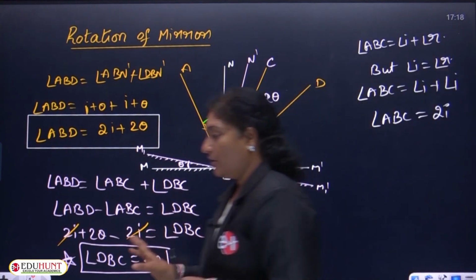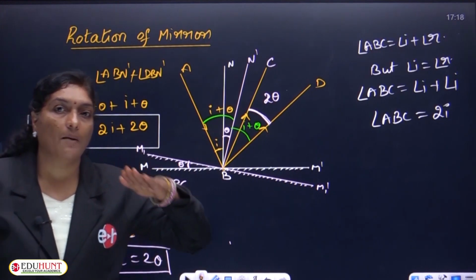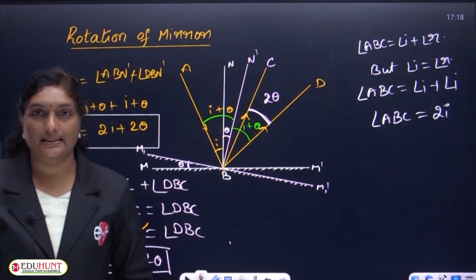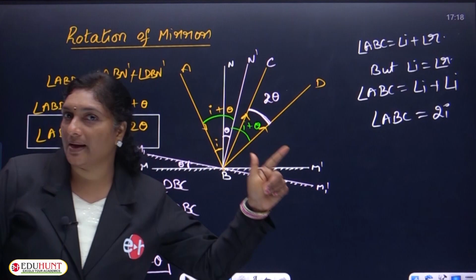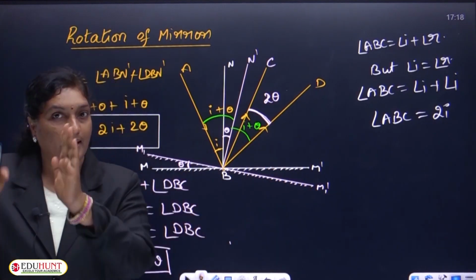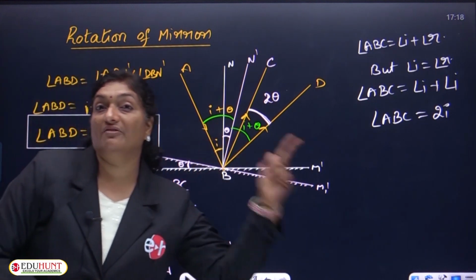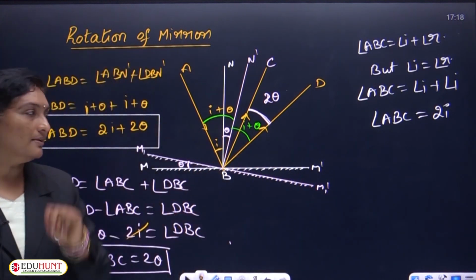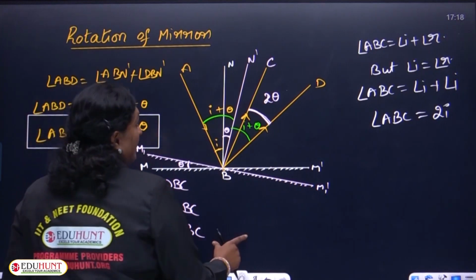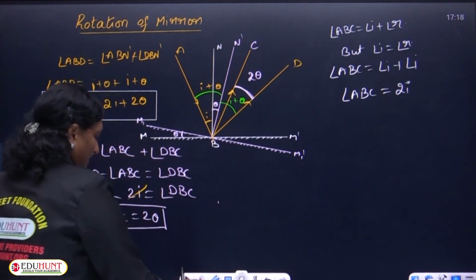So, let us recall all the things. Whenever a mirror is rotated by an angle theta, the normal is rotated by angle theta, the incident ray being at the fixed position, but the reflected ray deviates by an angle 2 theta. So, let me rewrite all the observations here.